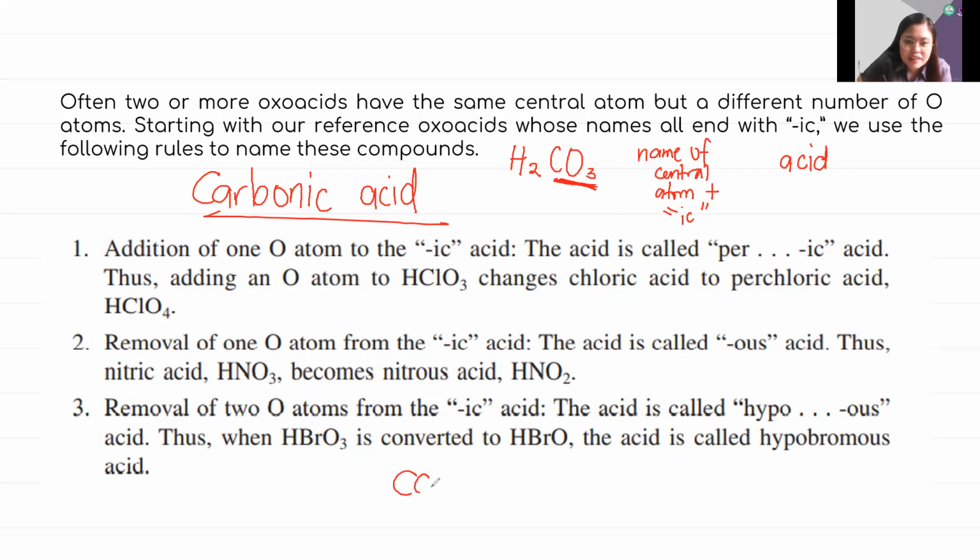What you do is, instead of carbonate, you get rid of the ATE and replace it with IC, and then you add the word acid. So it becomes carbonic acid instead of carbonate when hydrogen is present. Did you get it, or are you confused?